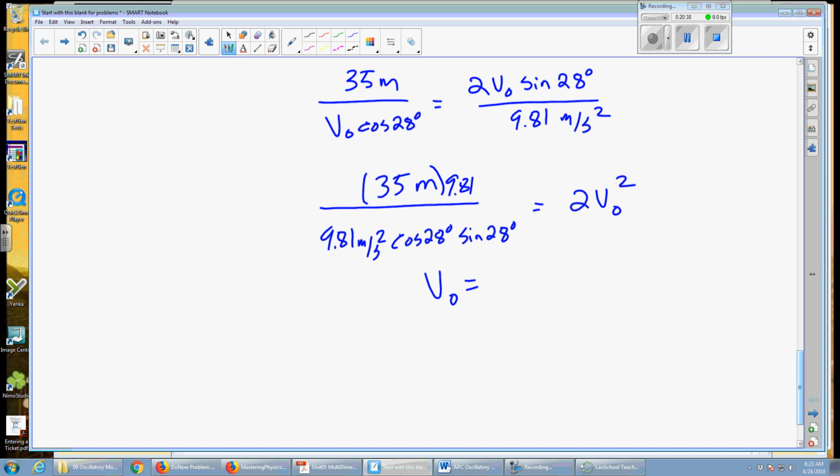The 9.81 should be up here. Darn, algebra in the morning. So, we'll put the 2 there. There we go. That looks more reasonable. Yeah, that's much better. I get 20.4 meters per second.